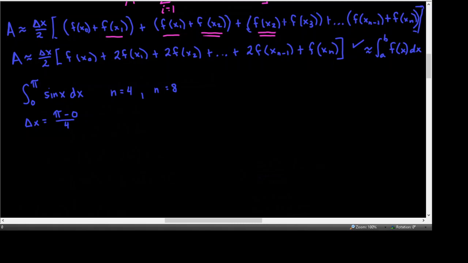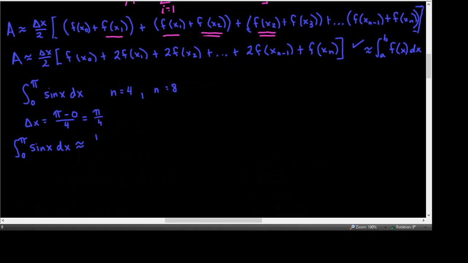So my integral, using my first approximation with 4 subintervals, of the area under sine of x from x equals 0 to x equals pi will be, again, approximately equal to, I guess I could have written what this simplified to be, pi over 4.